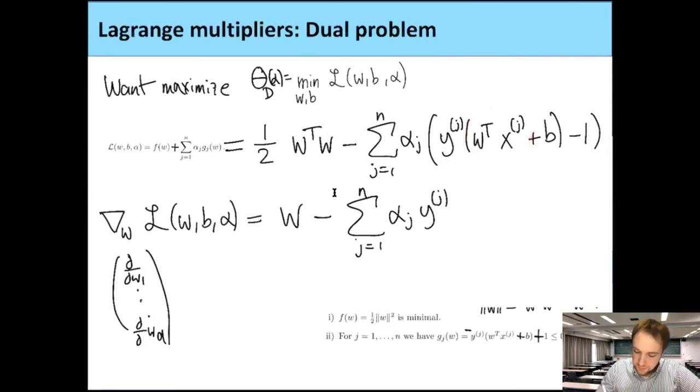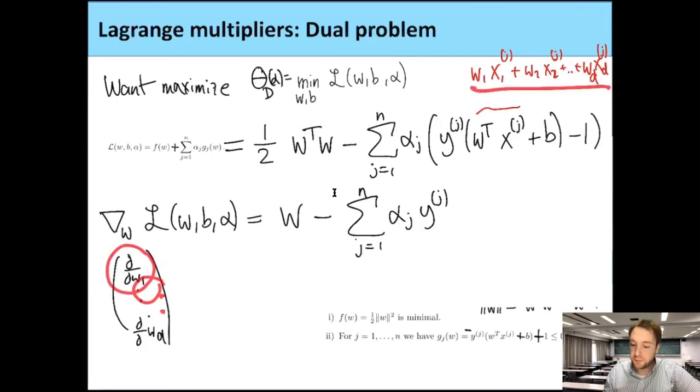Maybe let me write this down to make it clear. This here just means w1 x j1 plus w2 x j2 up to wd x jd. And if in the ith component I take the derivative with respect to wi, then I just get the ith component of this vector xj. And therefore the vector I have here is just the vector xj.